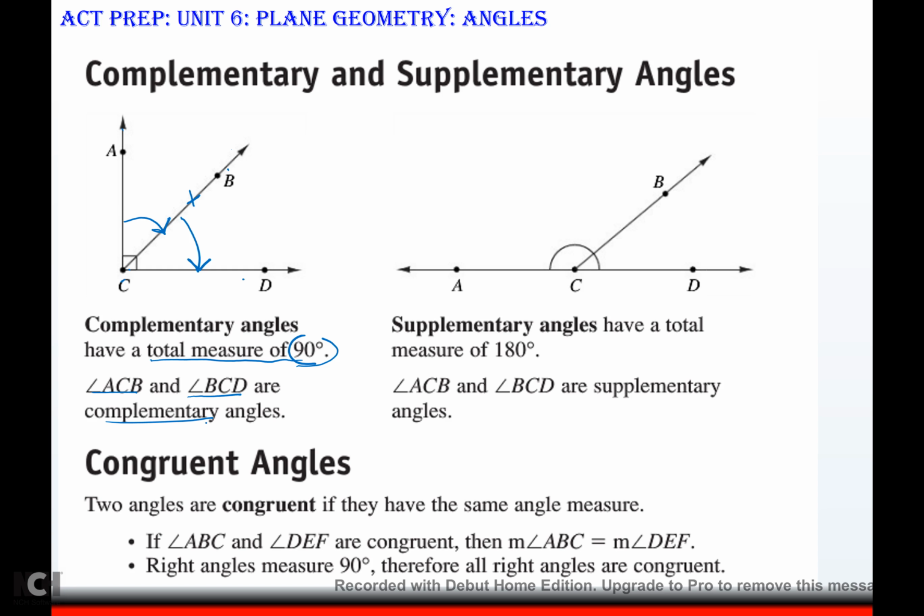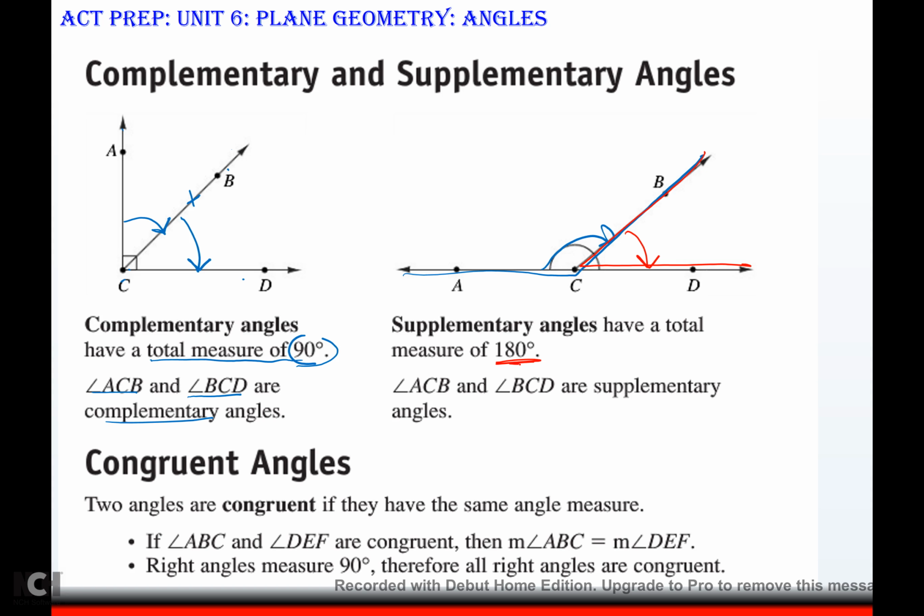Supplementary angles have a total measure of 180 when you add them. So if I take angle ACB, from here to here, and I add it to angle BCD, from here to here, they add up to 180 degrees.